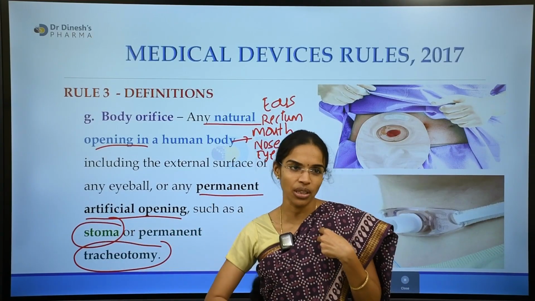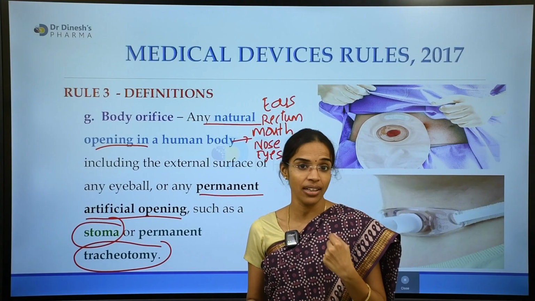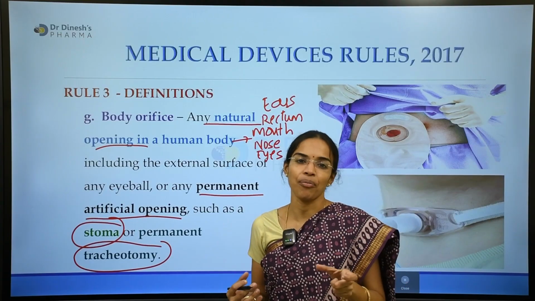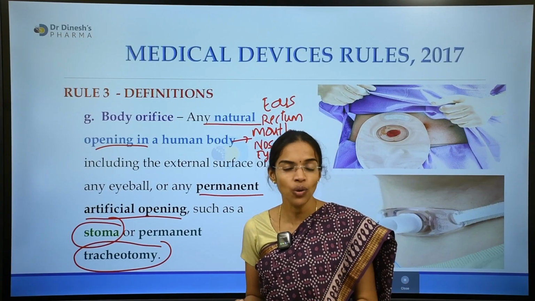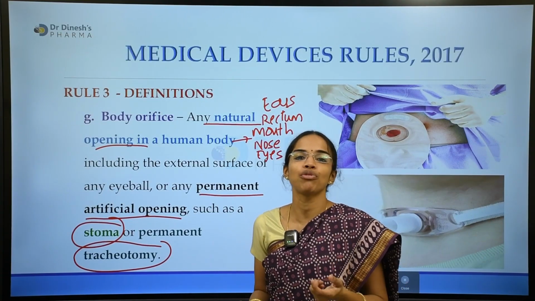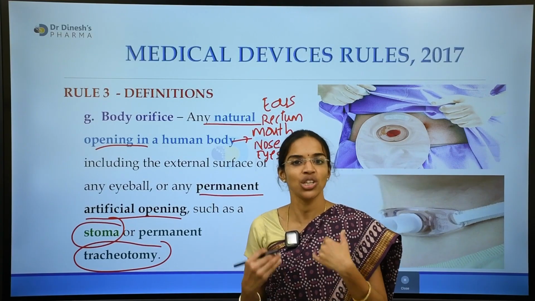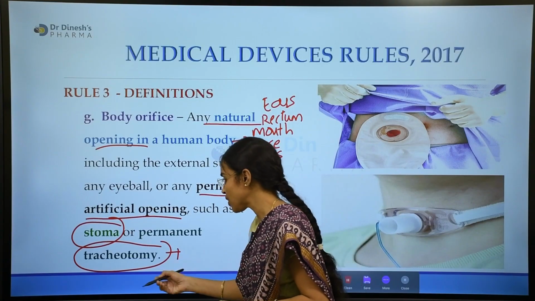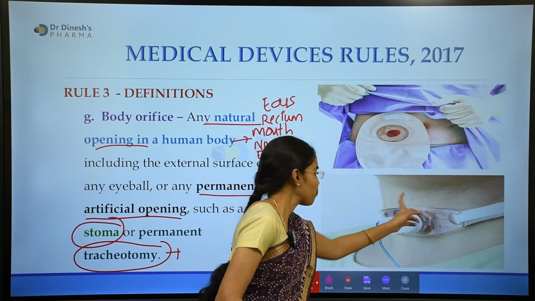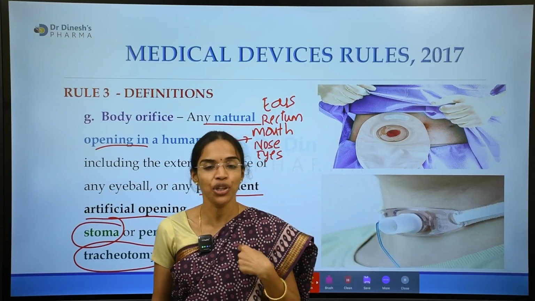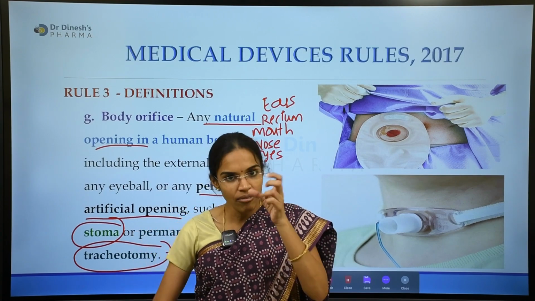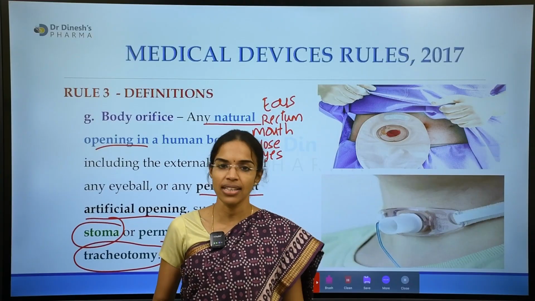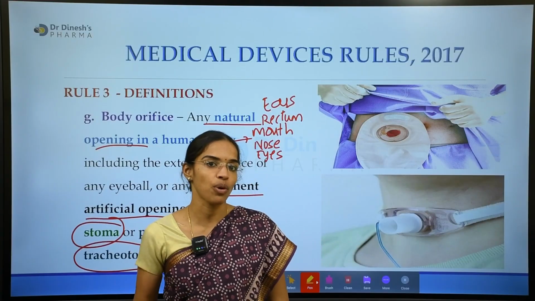And also the tracheotomy, whenever there is a problem with the windpipe. The windpipe is the trachea. We all know that when the trachea is not able to perform its functions of inspiration and expiration, an artificial opening is made, and an artificial tracheal tube is incorporated, which also supports the vocal cords for voice processes.